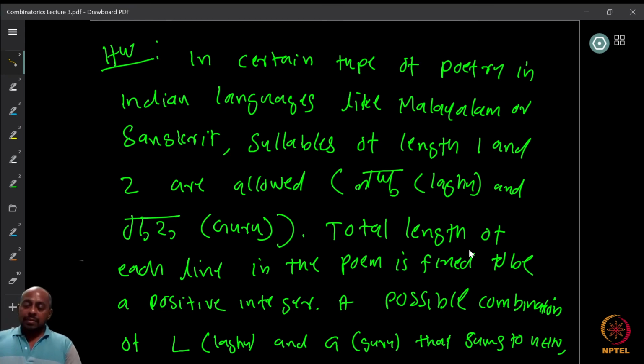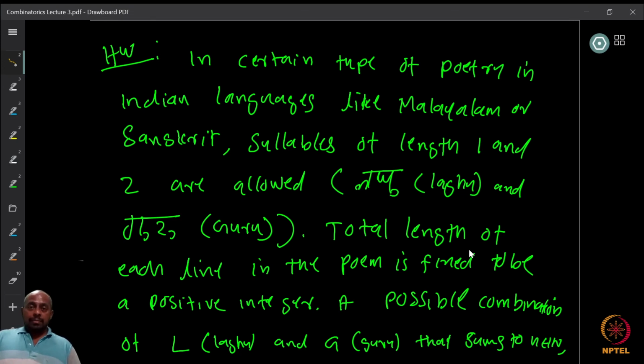So the syllables of length 1 and 2 are allowed. Now, the total length of each line in the poem is fixed to be a positive integer, in terms of the syllable length. It should be exactly the same. So we'll say we will allow exactly, let's say, length 5.